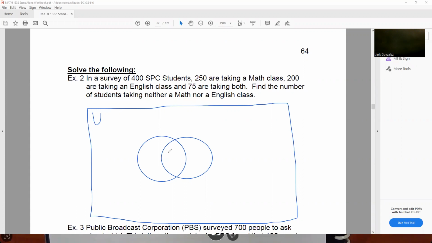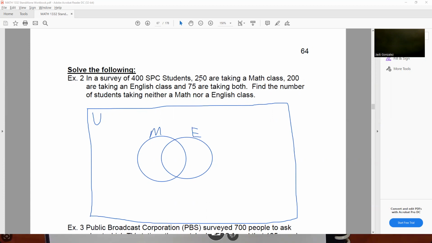Find the number of students taking neither math nor an English class. So I'm going to say this is math right here. This is English. So there's 400 total.